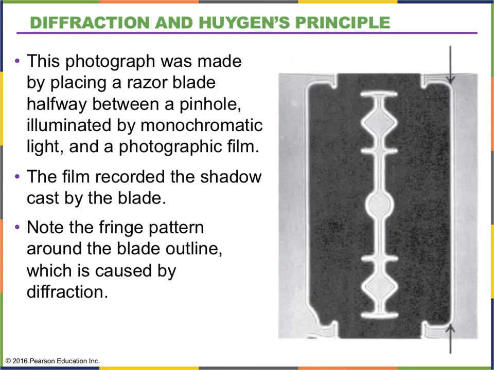In this picture, you have the light illuminating an old-fashioned razor blade. You might not be familiar with these, but you can see that the boundary around the shape of the razor blade is not sharp, and it actually shows these interference patterns around the edges. What is happening is that the light, when it passes the edges of the razor blade, is spreading out and interfering, so it's showing the diffraction behavior as well as interference.